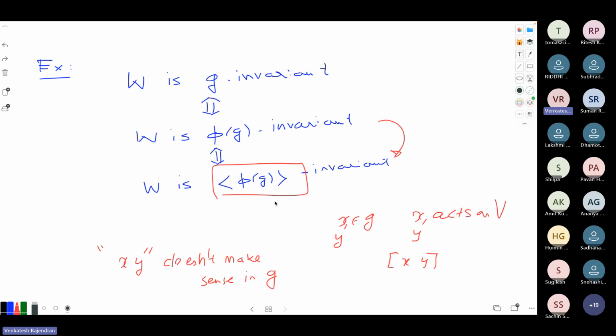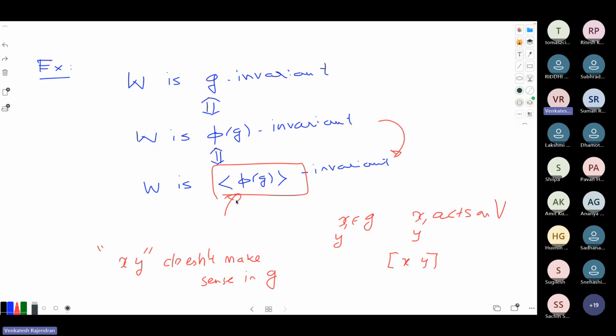For example, if V is irreducible, then it will be irreducible there. If V is reducible, it will be reducible there, like indecomposable. All the notions that you know about basic representation will carry over from the g-representation to this enveloping algebra representation, which is the associative algebra generated by pi(g).